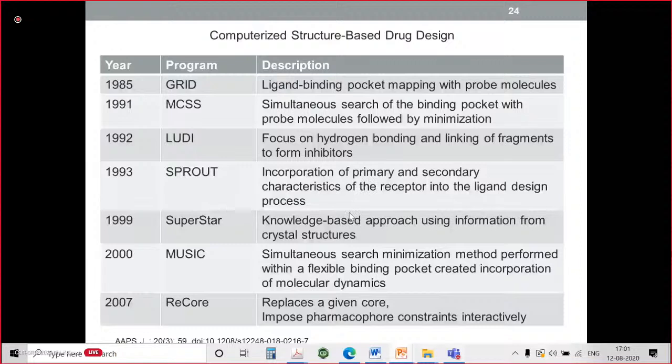So there are a lot of computerized structure-based drug design tools used earlier and nowadays also, based on the fragment-based drug design approach.